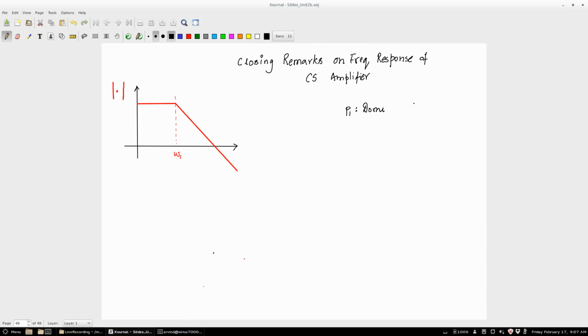It comes from P1, the pole P1. Now, is the magnitude of P1 higher or lower than P2? Lower, right? So that pole is the dominant pole. P1 is called the dominant pole. Why is it called the dominant pole? It is the one which is determining the frequency response to a large extent. Okay.